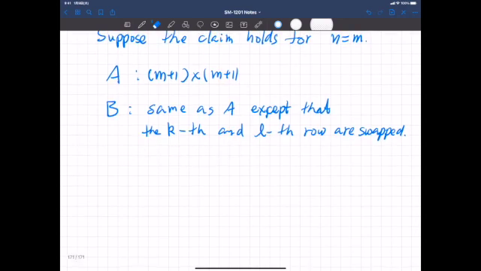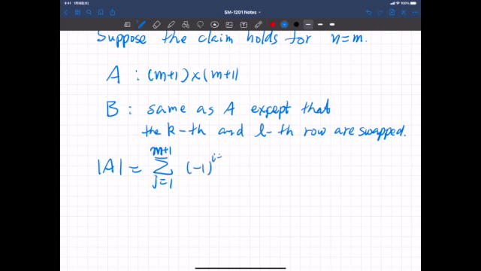So the determinant of A, according to the definition, is this: the sum over j from 1 to m plus 1 of negative 1 to the I plus j times a_ij times the determinant of A_ij.